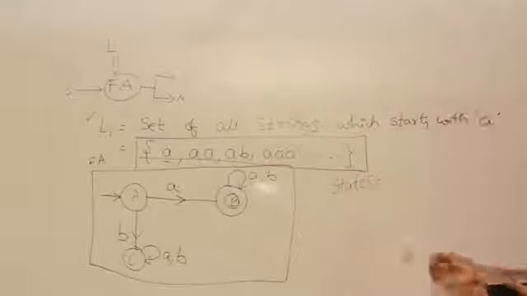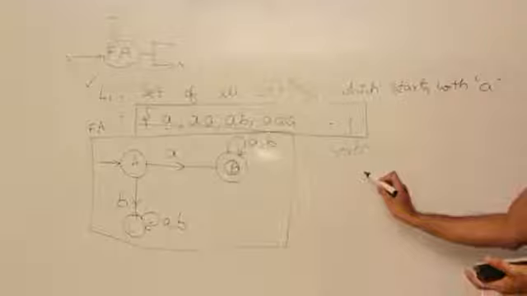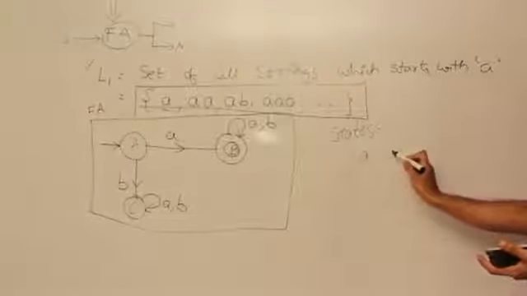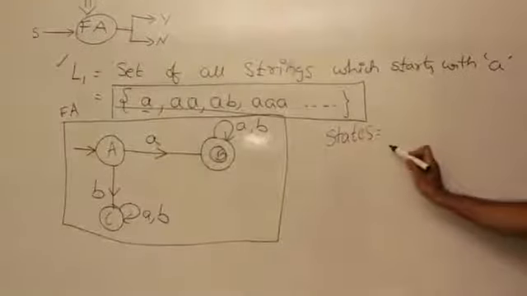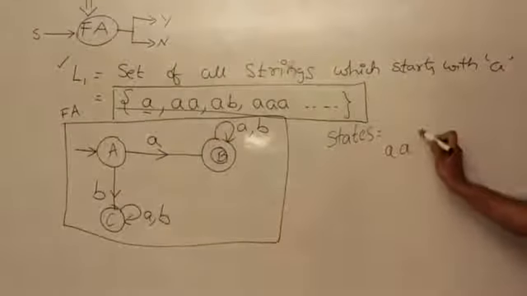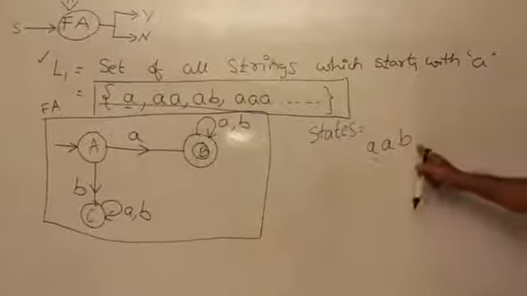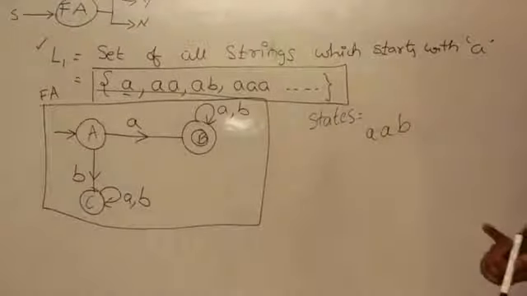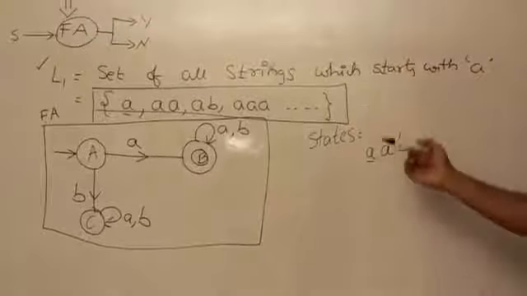Now if I take a string, for example a b, my question is whether this string is present in this language or not. Don't just say that since it starts with a, obviously it is present.